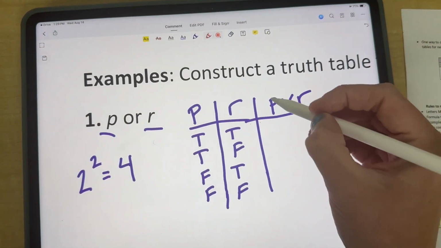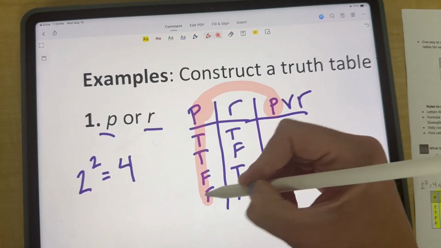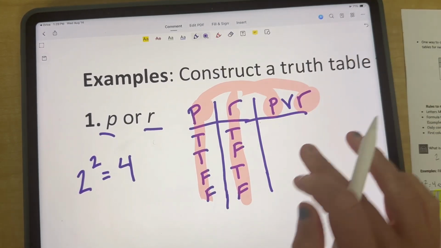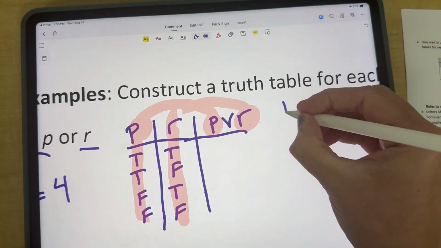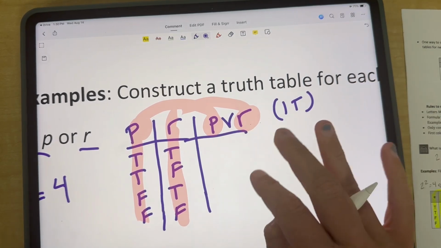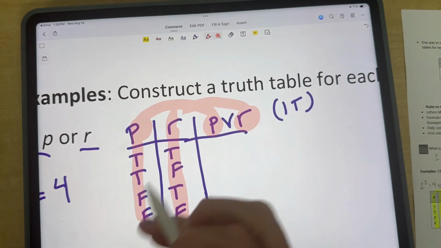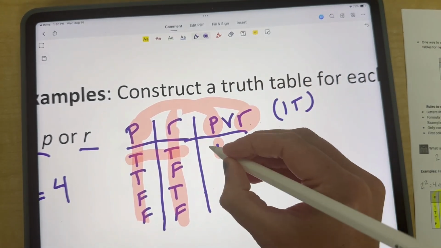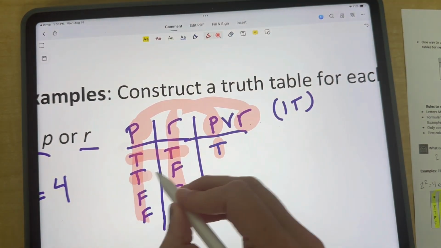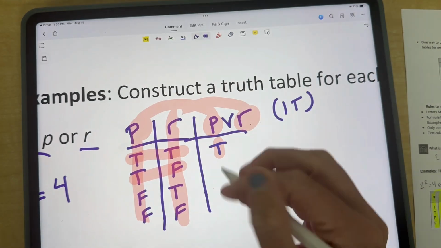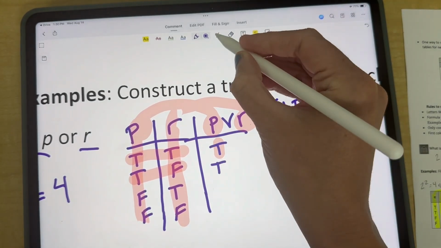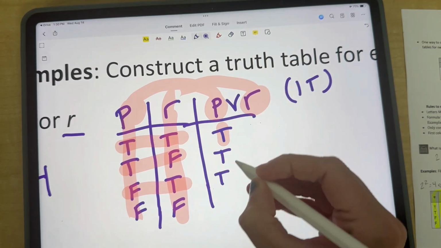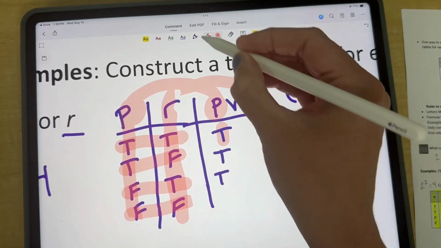So get out your highlighters. We need P, so go to P, I highlight that one. Or R, go to R, highlight this one. It's an or statement, so I only need 1 T for it to be true all the way. So do we have 1 T this way? Yes. Do we have 1 T going that way? Yes. Do we have 1 T going across this way? Yes. And lastly, 1 T here.